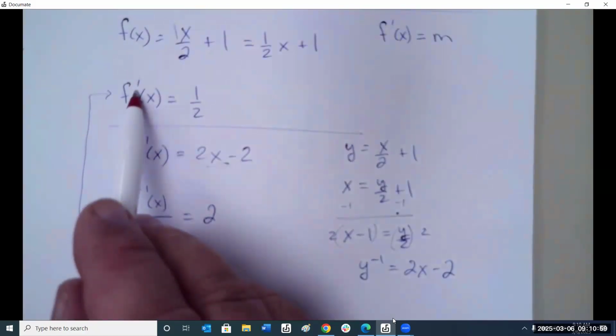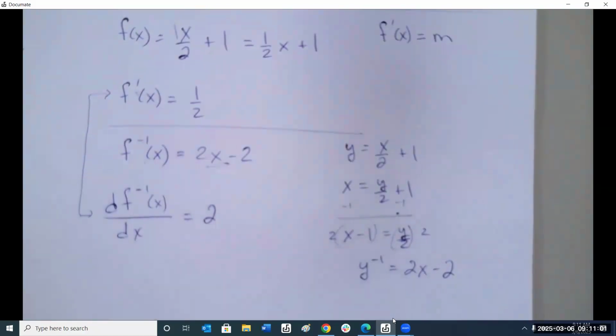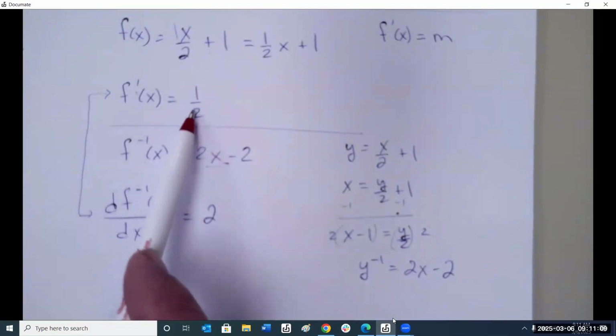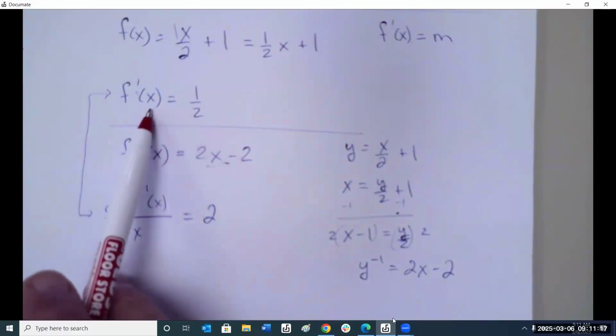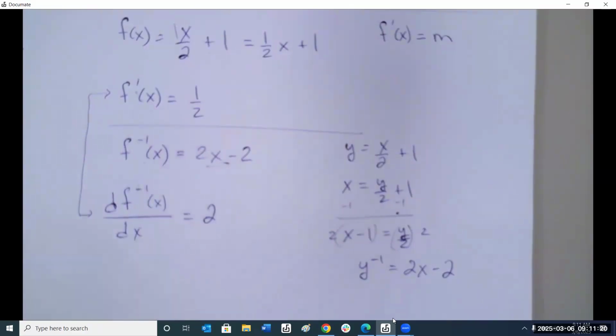Well, obviously f and f inverse have derivatives that are inverses, but look at the values. What do you notice about them? What do you notice about the slope of the function and the slope of the inverse?